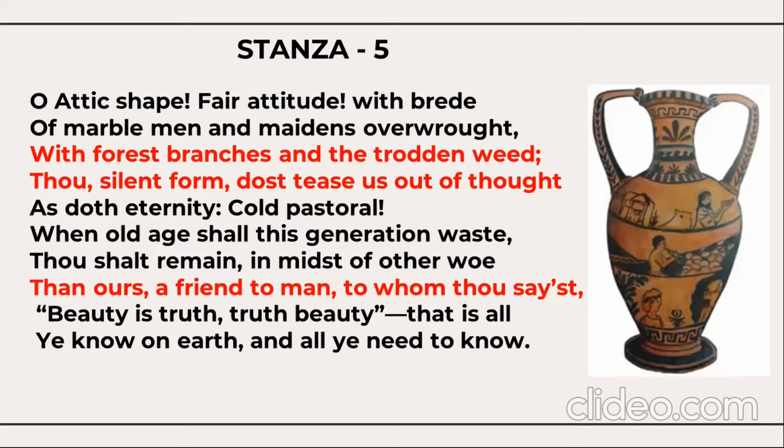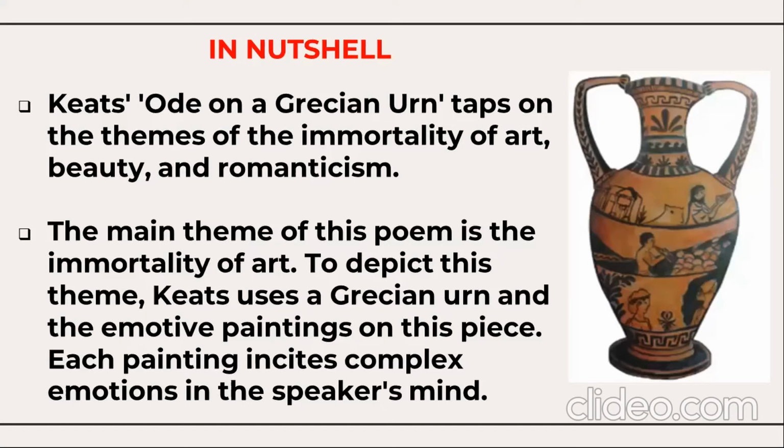It will continue to exist even when the present generation will die out, and in the midst of sufferings as yet unknown to us, it will teach us the lesson that beauty and truth are identical. The only lesson we ought to know: beauty is truth, truth is beauty. This is what we need to know on this earth. This is about stanza number 5.